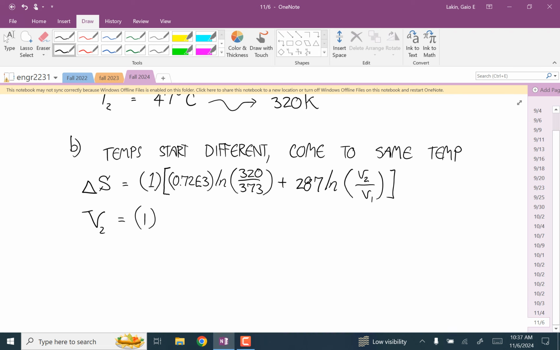So V2, since they're going to be at the same temperature and pressure, they're going to be at the same specific volume. So it would be 1/3 of 2 cubic meters, right? That's how much it would take up. Okay, so hold on. The total volume of the whole thing is 2.